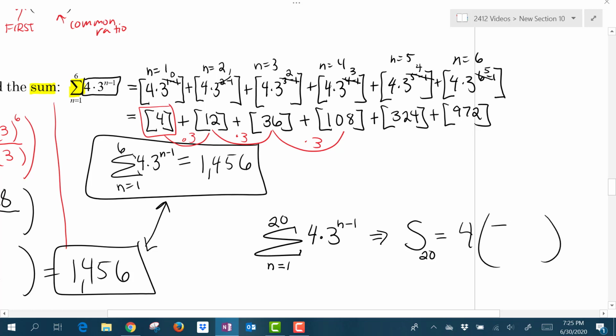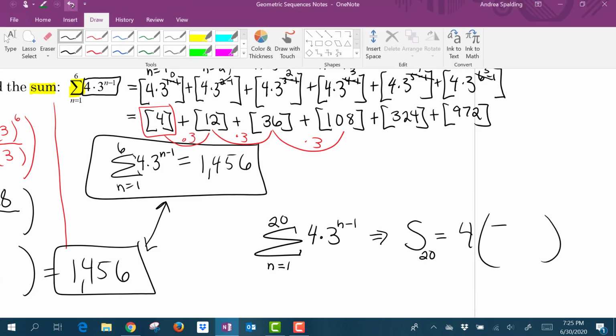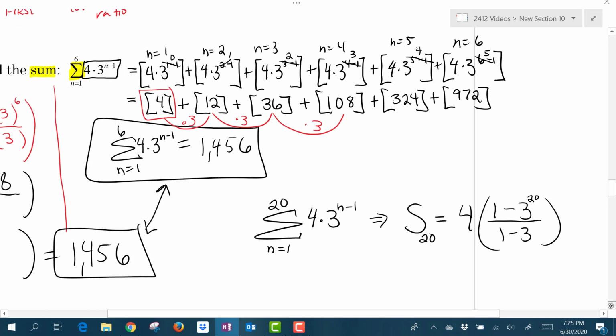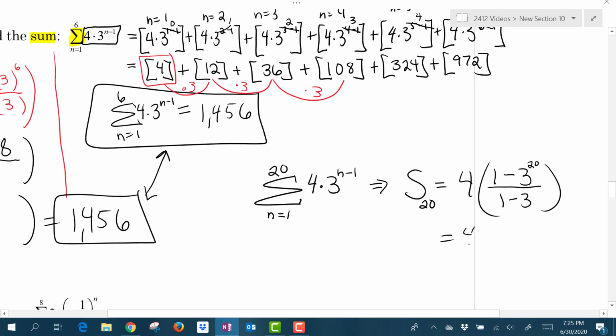times 1 minus the r value raised to the power of n, which is 20, all over 1 minus the r value. At the bottom we get a negative 2 again.